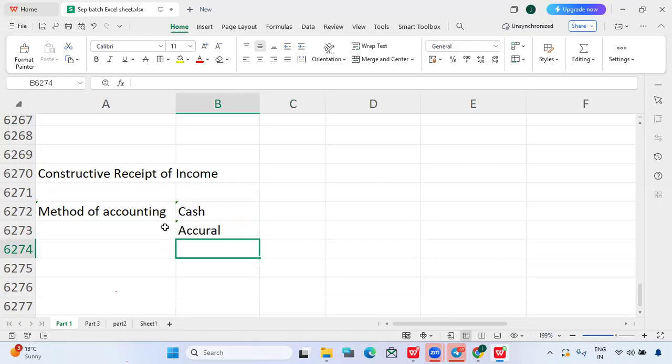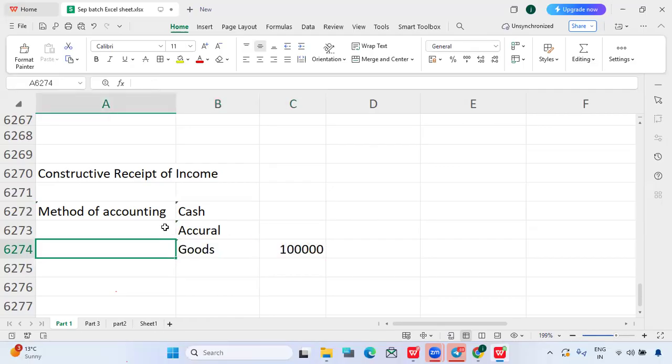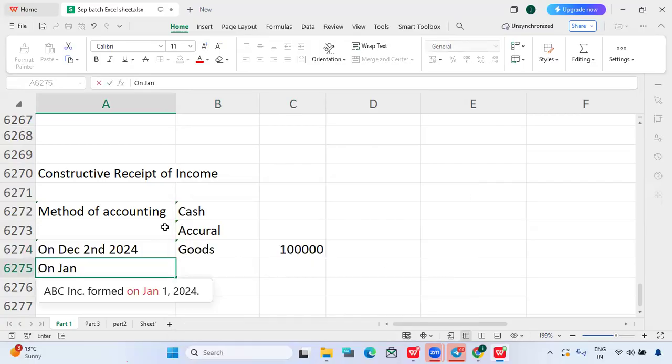Let's say the taxpayer has a business and sold $100,000 value of goods on December 2nd, 2024, and the debtor says he will give the money on January 2nd, 2025.